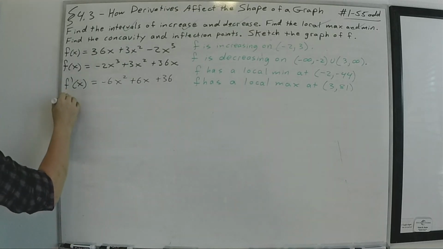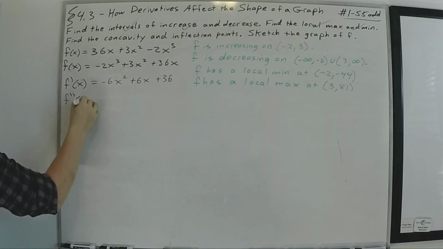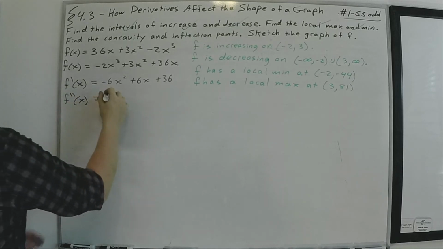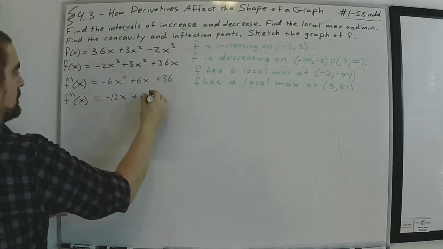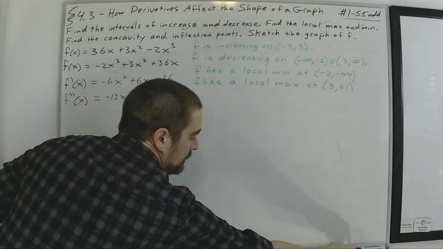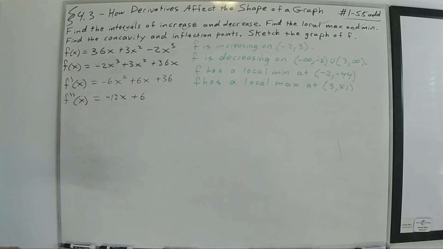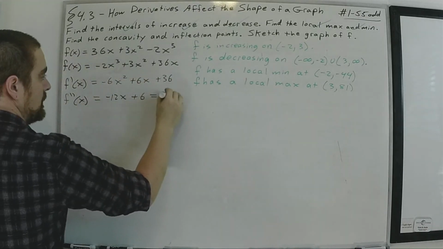So f double prime is going to be negative 12x plus 6. So since it's a polynomial, it's only getting nicer the more we differentiate.